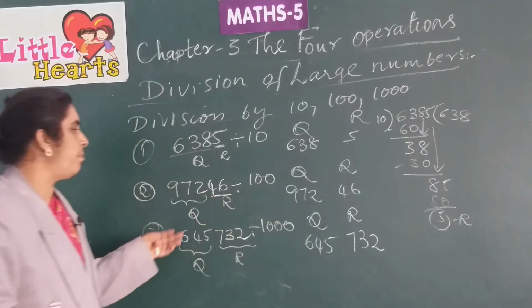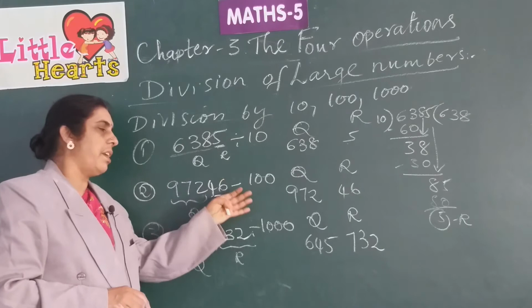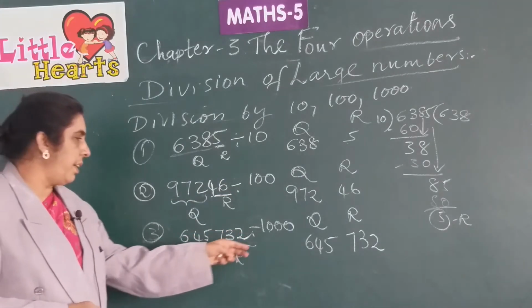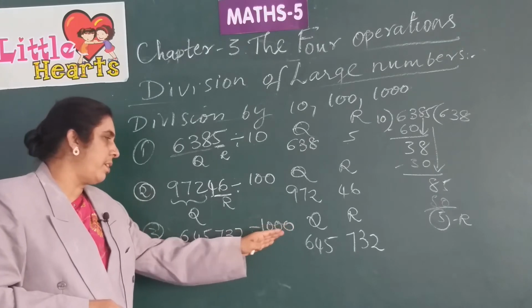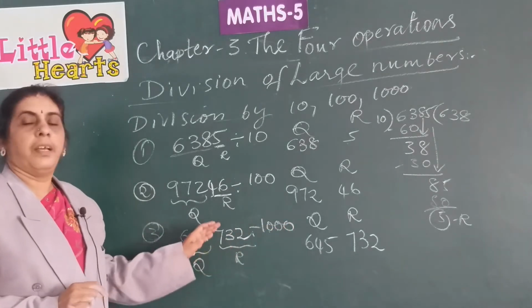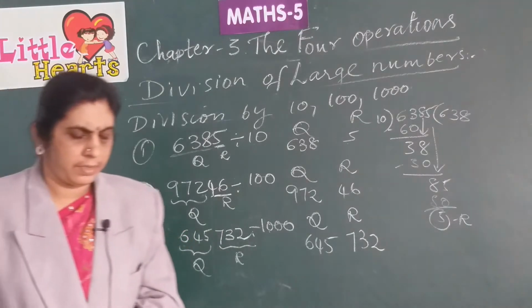This is a very simple process. You need not actually divide when the divisors are 10, 100, 1000. By seeing the number of zeros in the divisor, you can write the remainder and the remaining part will be the quotient.